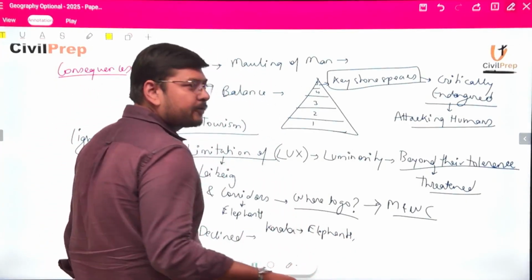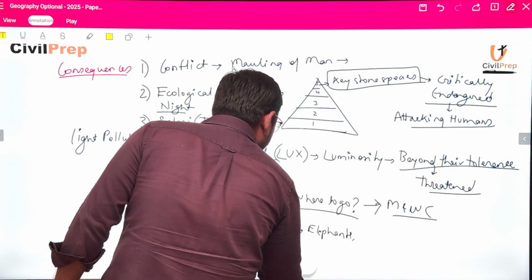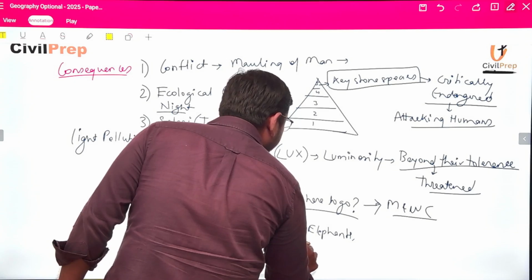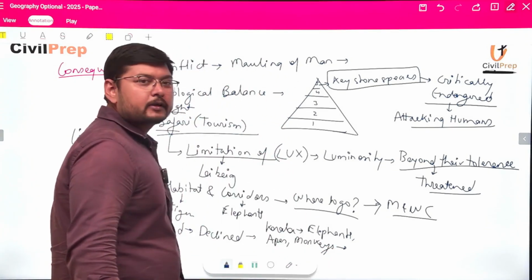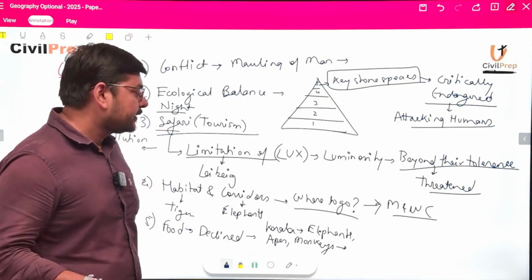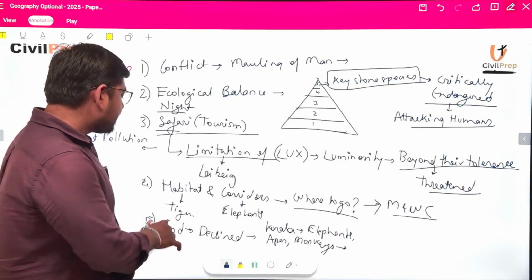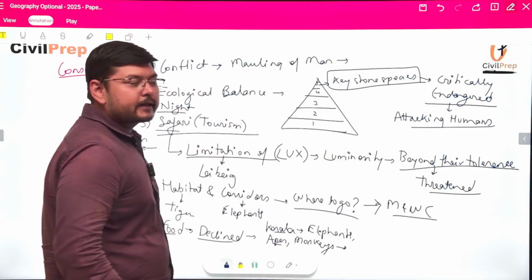In the complete region of India, we have different species of apes, monkeys, etc. So they are also going for the food. They are basically going into the agricultural fields so that they can eat the crops. So this is again resulting in some kind of man-animal conflict in those regions.